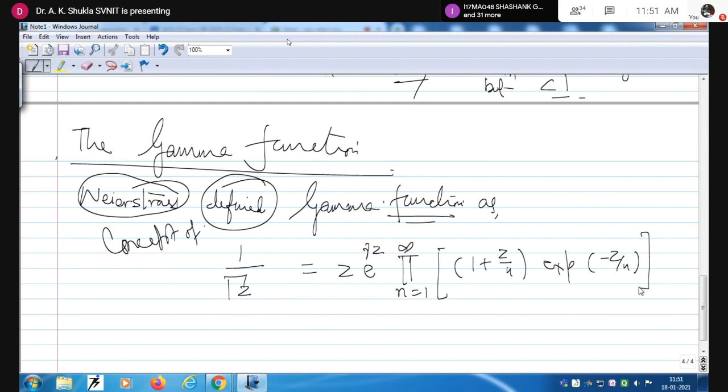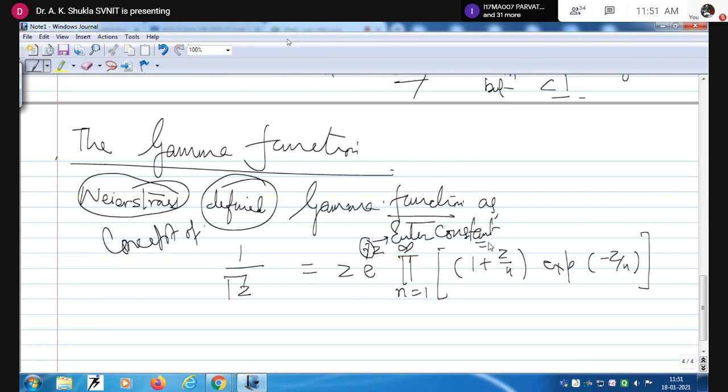That is the definition of the gamma function. So here, this gamma is your Euler constant.